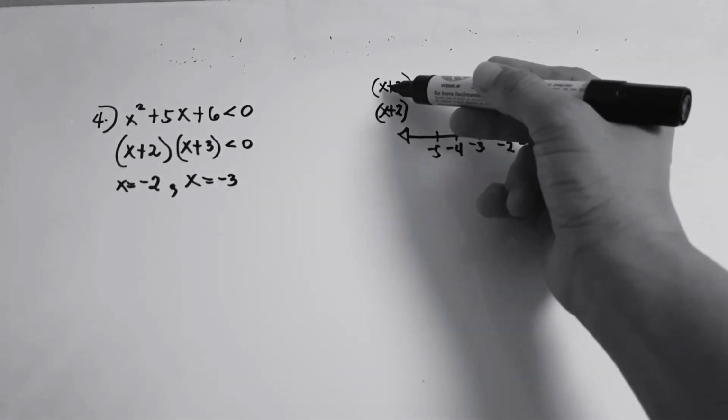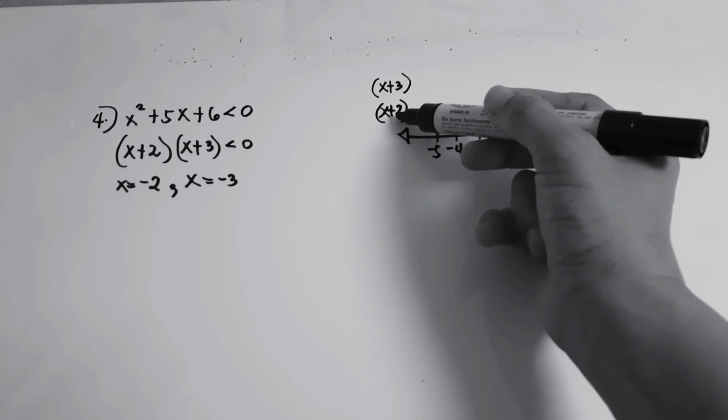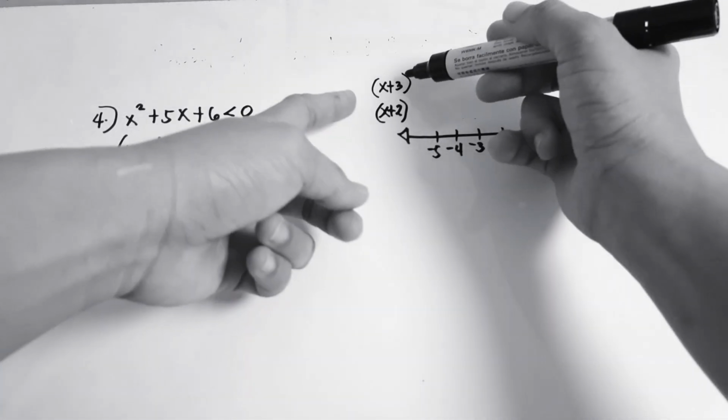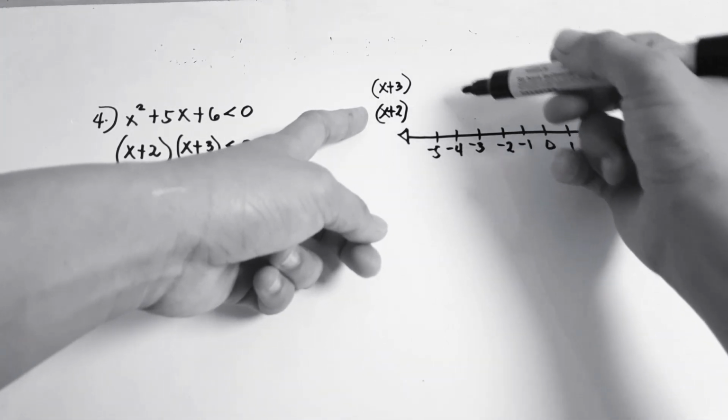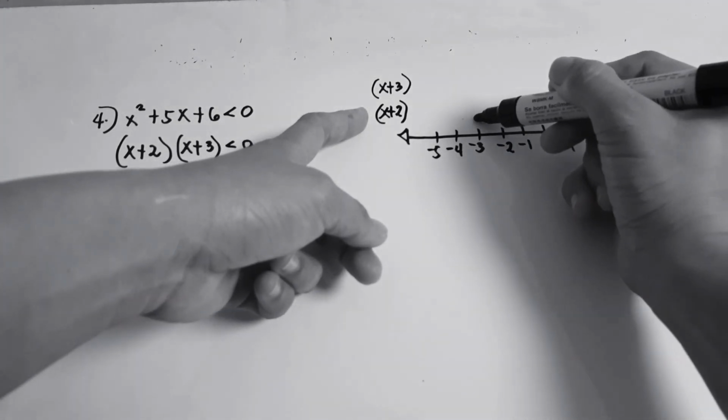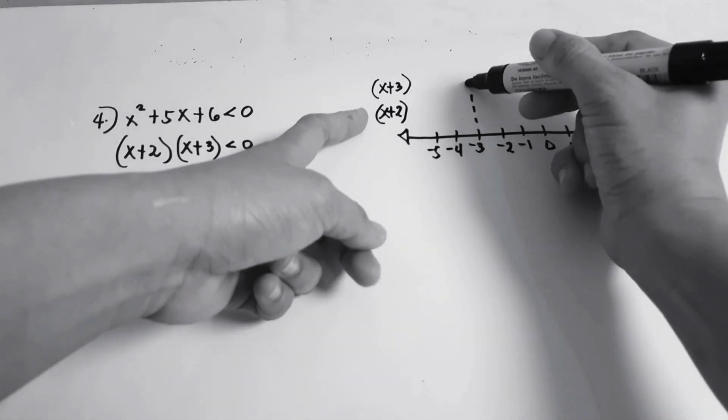In this factor we have x plus 3 and x plus 2. We can pick from this number if x is equal to 0, then it becomes negative 3.